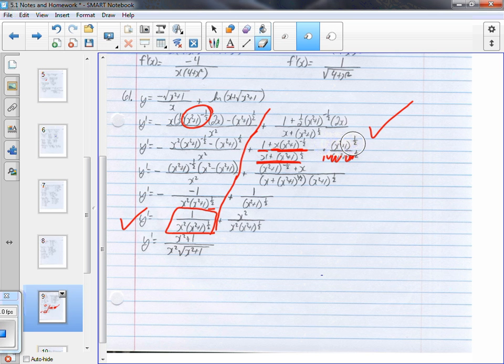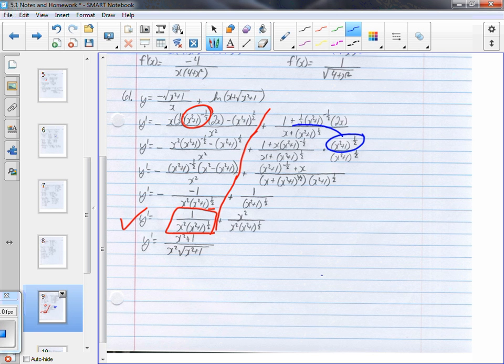So if I multiply by the base I want with an exponent of 1/2, what's going to happen when I do that multiplication? What exponent am I going to end up with? A 0. Is that good? Yeah, it is. Okay? So that's why I decided to multiply by x squared plus 1 to the 1/2 to the 1. Okay?